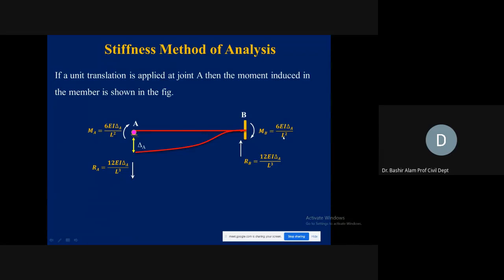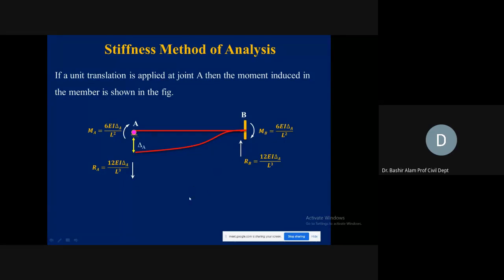This is the total unbalanced moment, and dividing by L gives the magnitude of the balancing couple: 12EI delta A divided by L cube. This is how we get the 12EI delta A over L cube, and this is how we get its sign also. It was clockwise, so the balancing couple is going to be in the counterclockwise direction.